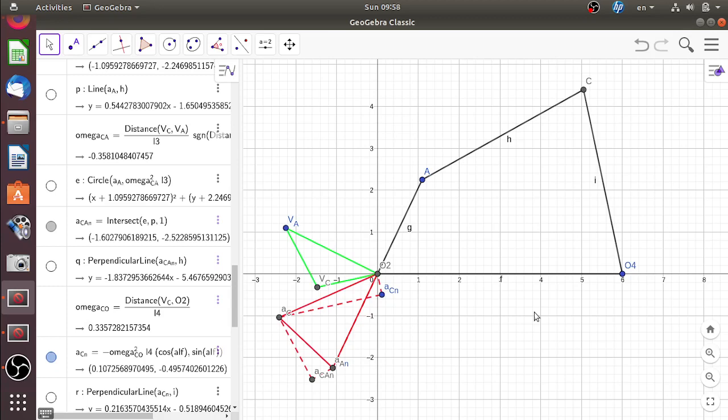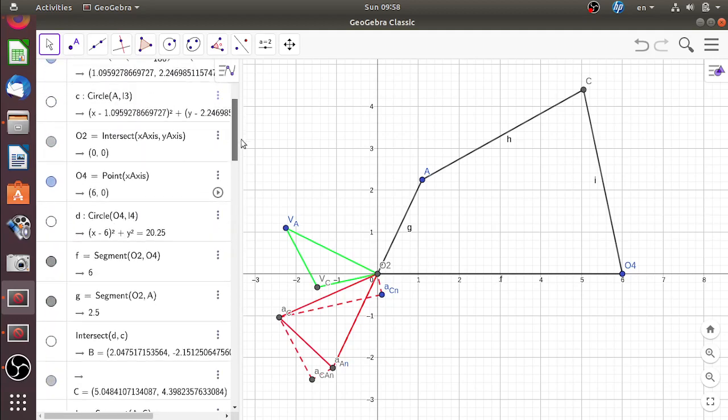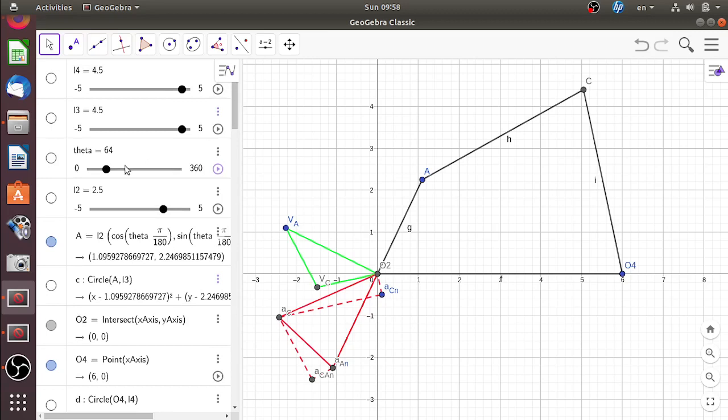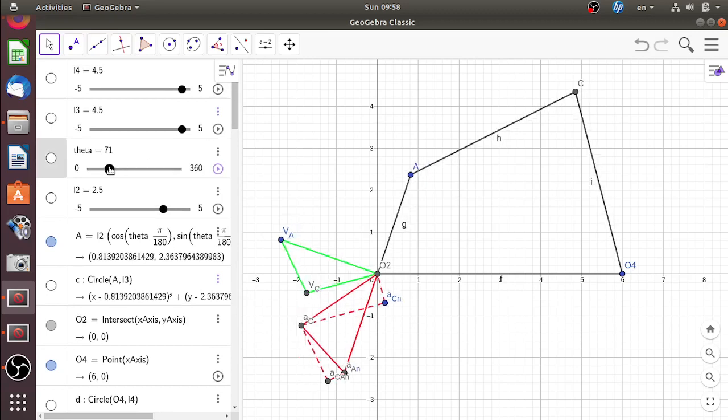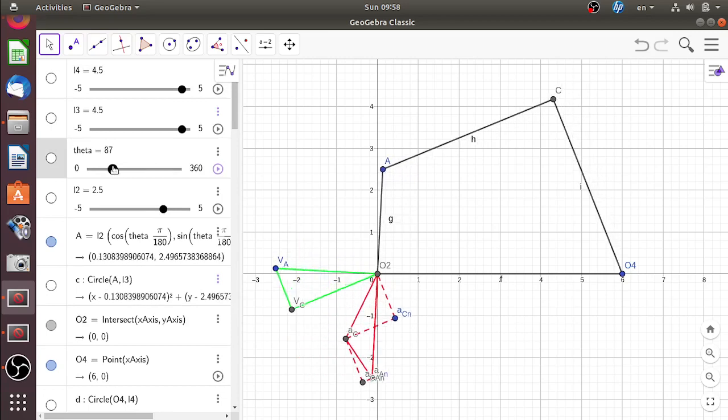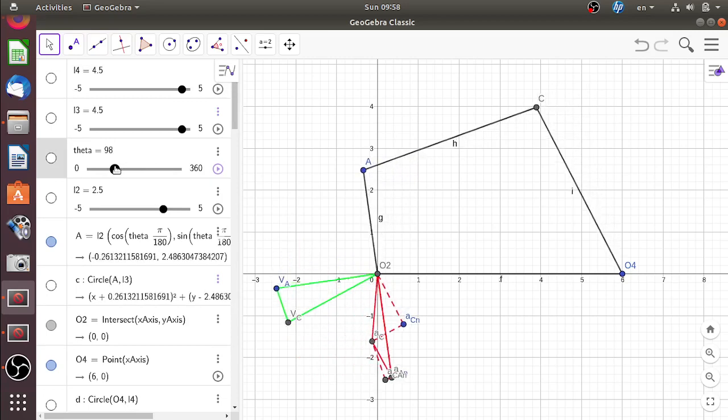So that's how you need to construct the velocity diagram and acceleration diagram for a 4-bar mechanism. And if you see here, if I change my theta, you will see all the velocity and acceleration components are changing. And remember when these two things are going 90 degrees, where is it?